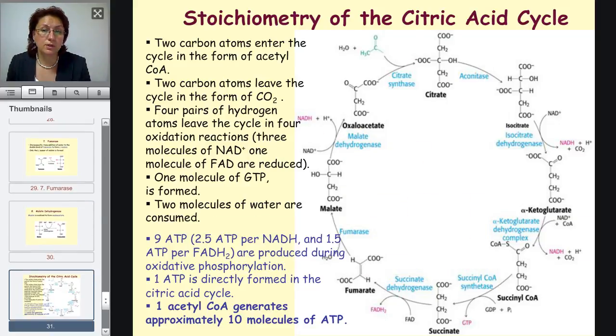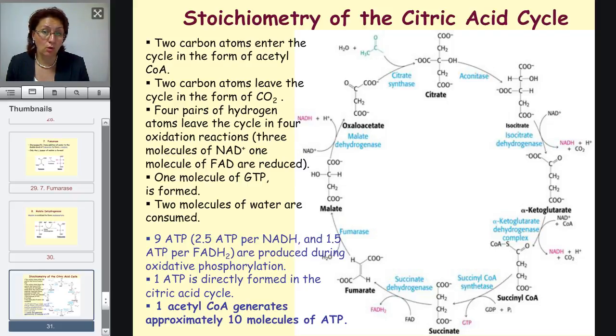As a result of the citric acid cycle, 2 carbon atoms enter the cycle in the form of acetyl-CoA. 2 carbon atoms leave the cycle in the form of carbon dioxide. 4 pairs of hydrogen atoms leave the cycle in the oxidation reactions. 3 molecules of NAD and 1 molecule of FAD are reduced. 1 molecule of ATP is formed. 2 molecules of water are consumed.